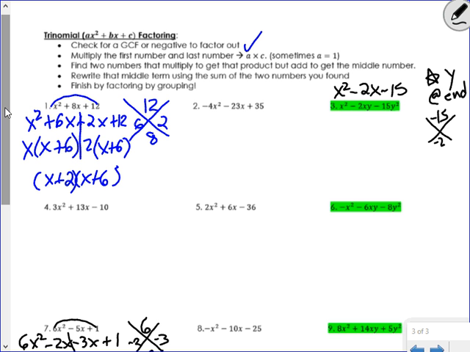So I need two numbers that multiply to get negative 15 and add to get negative 2. Yes, negative 5, positive 3. You need to be careful with the signs, right? If you accidentally say negative 3, positive 5, those would actually give you a positive 2, which is not what I want. So you guys have to be really, really careful that the signs are correct to get you the numbers that you need, okay?